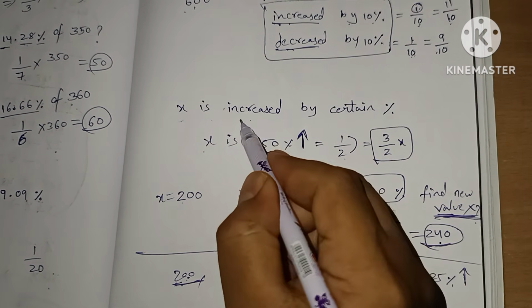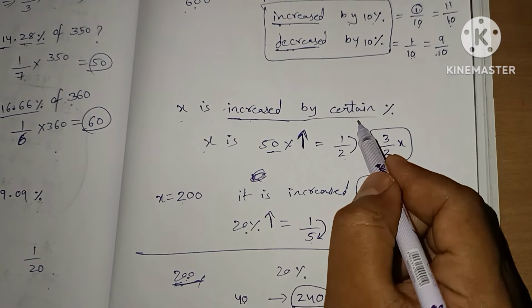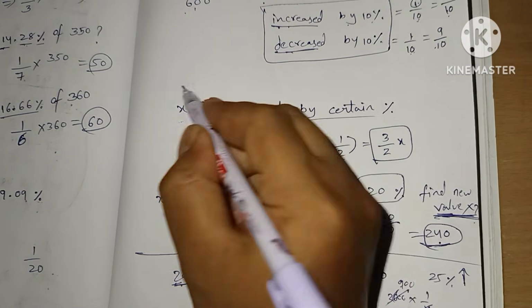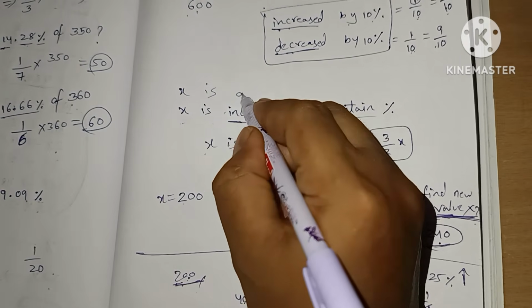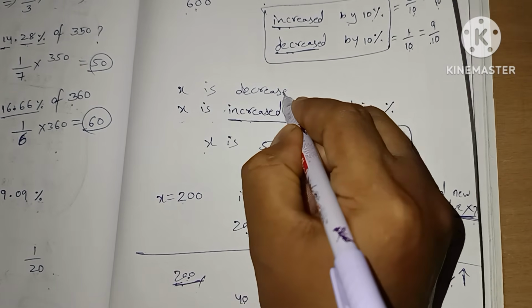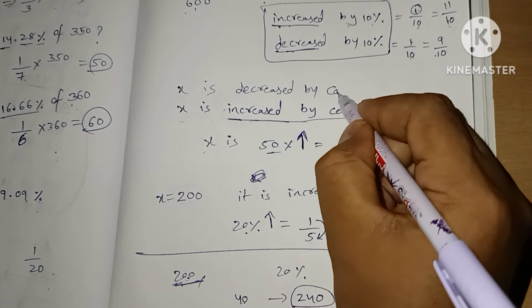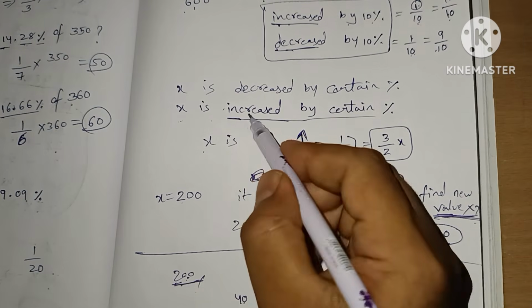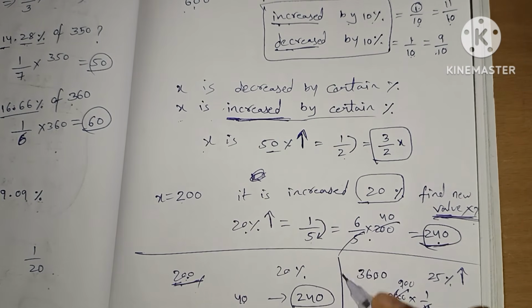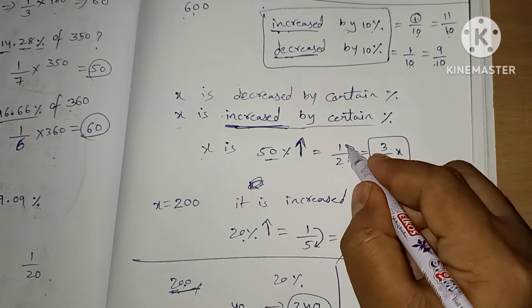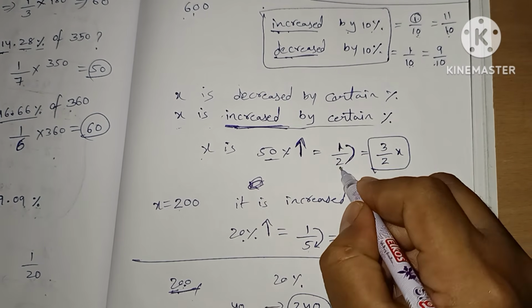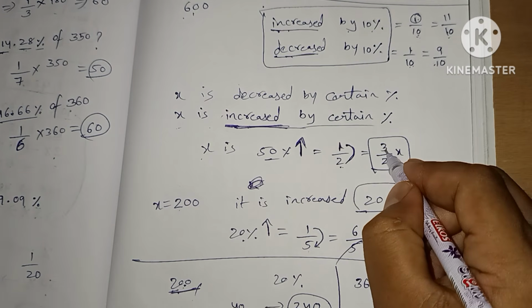Now we have completed the topic of increased by a certain percentage. There must be decreased by a certain percentage also as a topic. In the increased concept, we add the value of the numerator to the denominator and place it on the top.